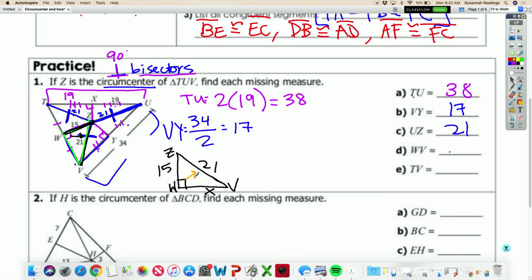So from here, we just start labeling using our A, B, and C for Pythagorean. So first thing I want to label is my C across from the right angle. And then it doesn't matter, again, which way we do that here. So I'm just going to do A and B that way. So using Pythagorean, A squared plus B squared equals C squared. I'm going to go ahead and plug in my C first. And then I have 15 squared plus, we can leave that as B or we can leave it as X, doesn't matter. And then go ahead and grab your calculator and let's start solving.